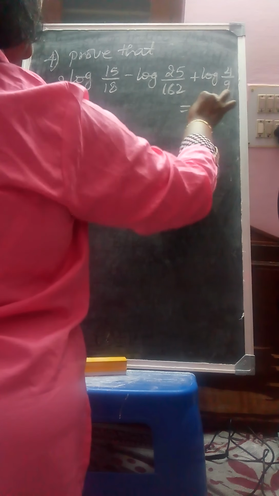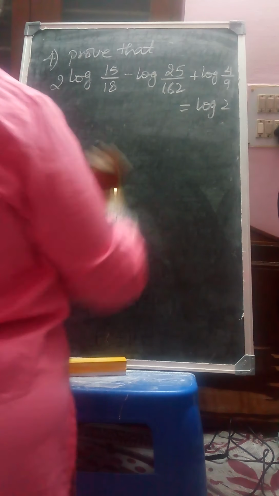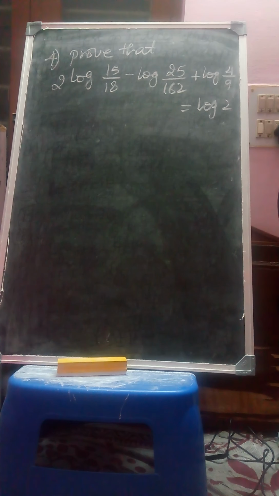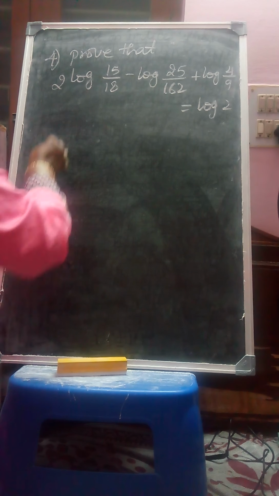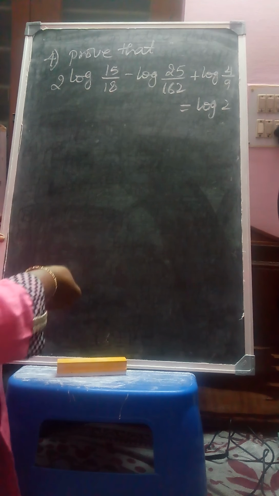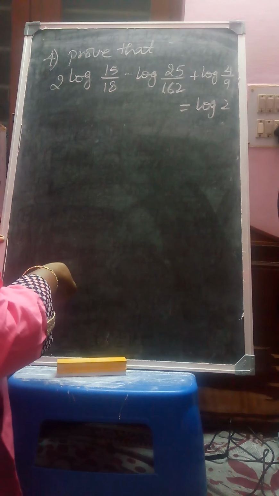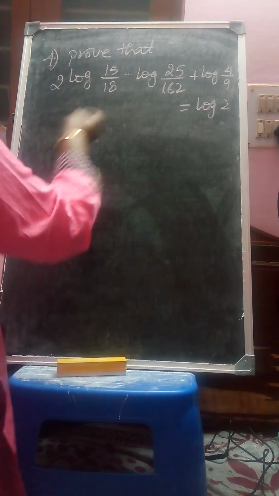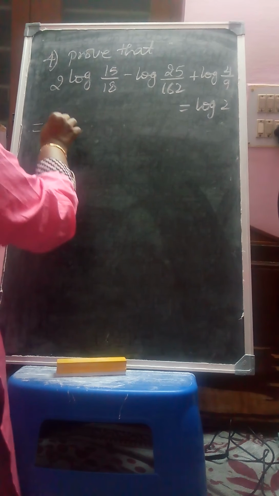Sometimes they will say PT. PT means prove that. Now this should be equal to log 2. So your right hand side should be equal to the left hand side. So what we will do is we will take our left hand side and we will solve. Okay, we will take this here. If you want, you can simplify it here, if you can't do it directly. Log.